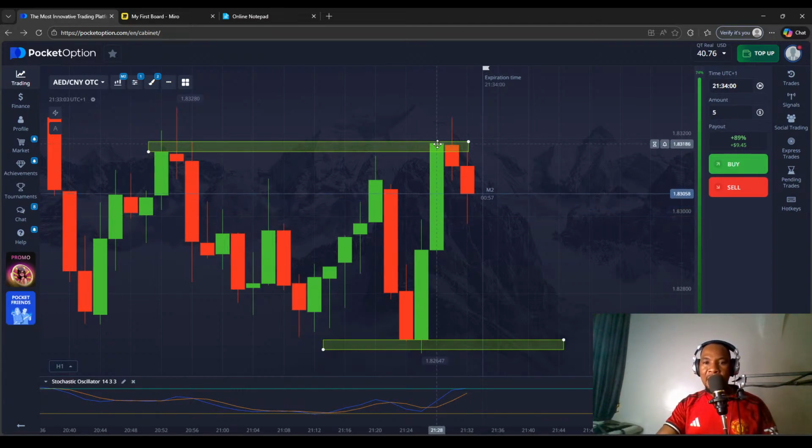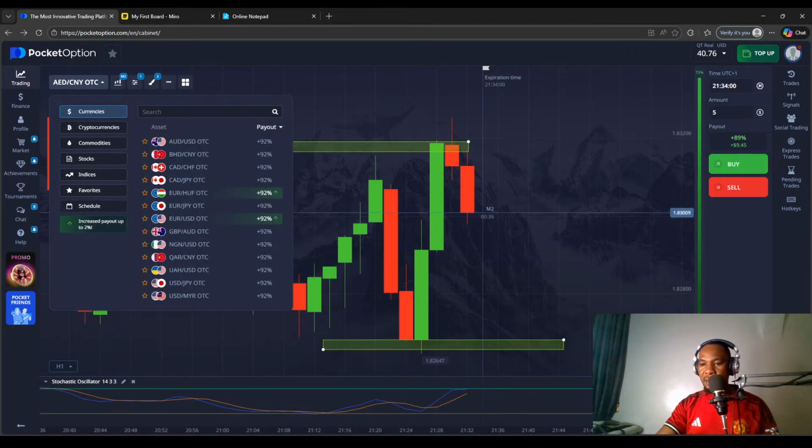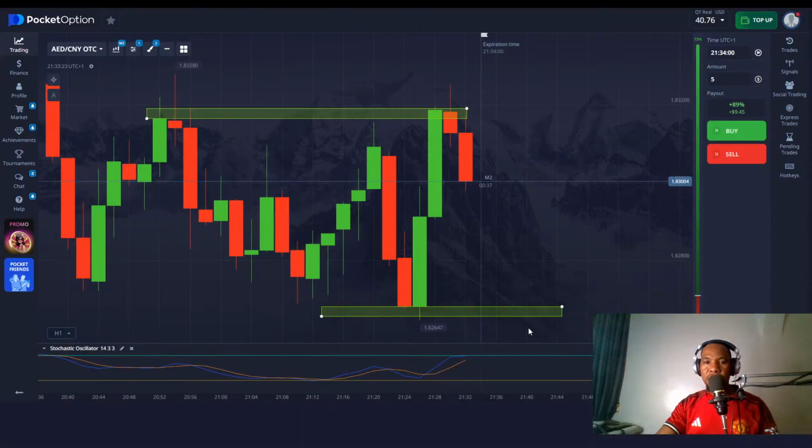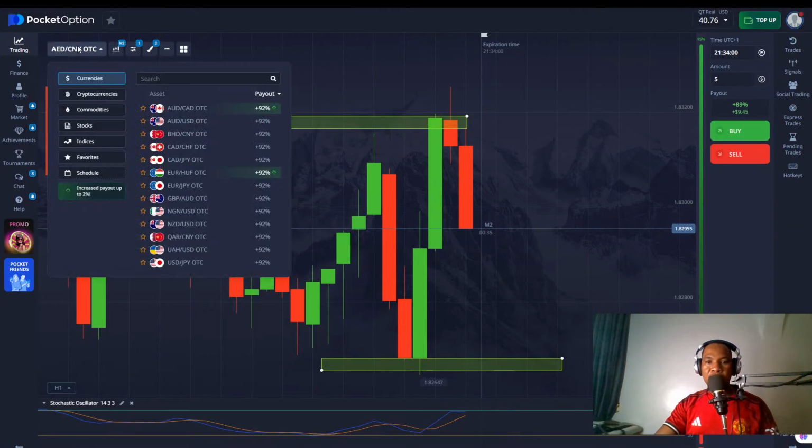So let's say this particular candlestick closes above this region, then we know that there's a high probability for price to continue to go up. Then also I'm going to look for another currency pair because of the payout.